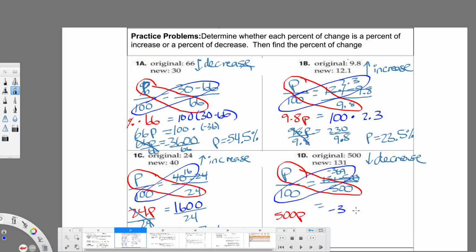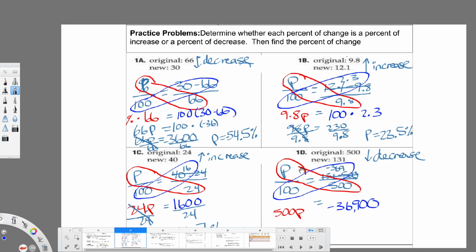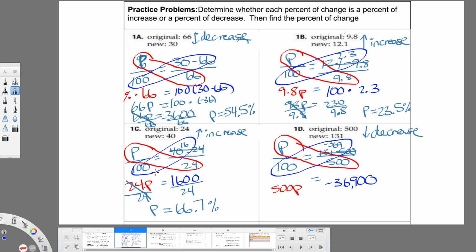I'll scooch this down in a minute. 369, remember, is moving the decimal over 2 times. So I can just go 0, 0. And put my comma in. It's negative 36,900. So let me scooch this up because it kind of scooted down. Okay. All right. So my equal sign's a little high. I don't know why I threw it up there so high, but that's fine.